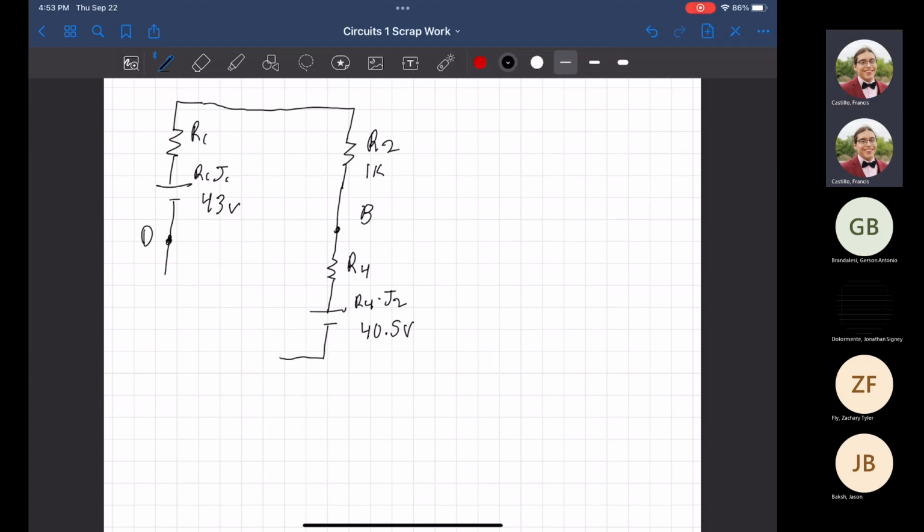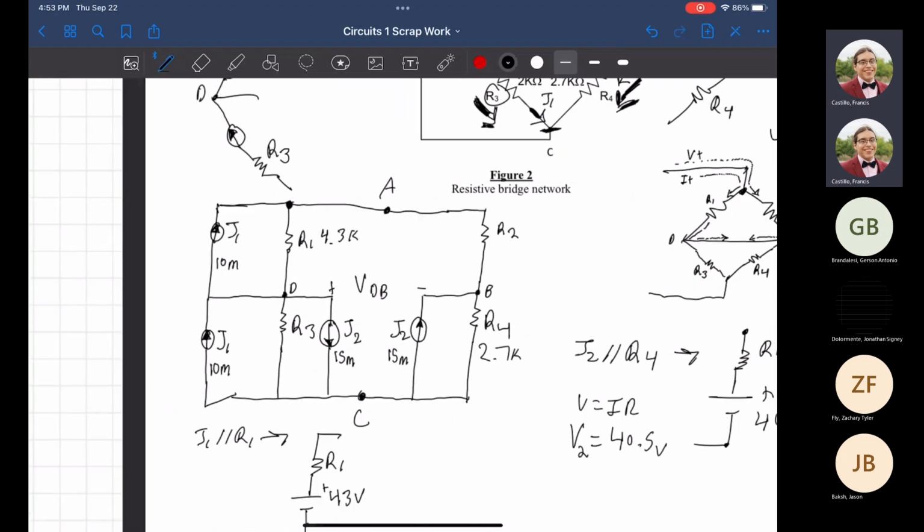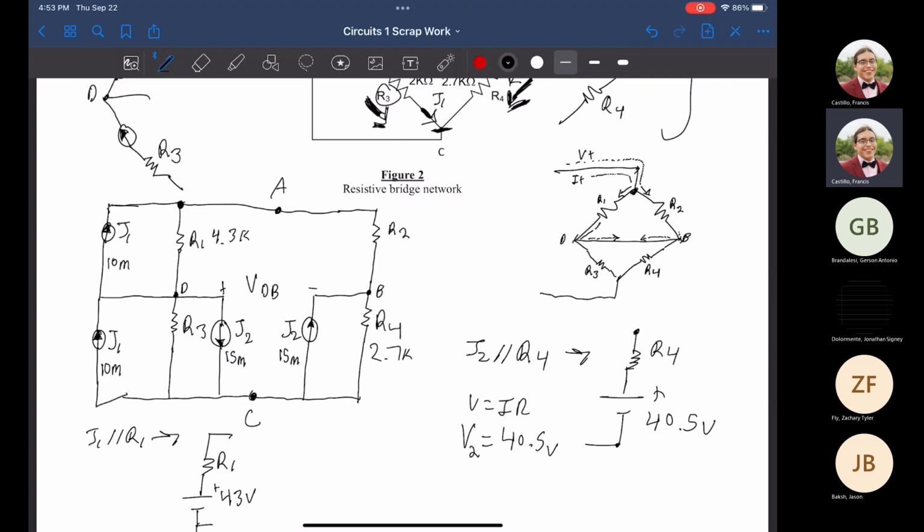But what about in the bottom corner? Well, let's look at what that is in the bottom corner. So we know R3 is in parallel with 2 current sources, J1 and J2. The current sources are traveling in different directions.